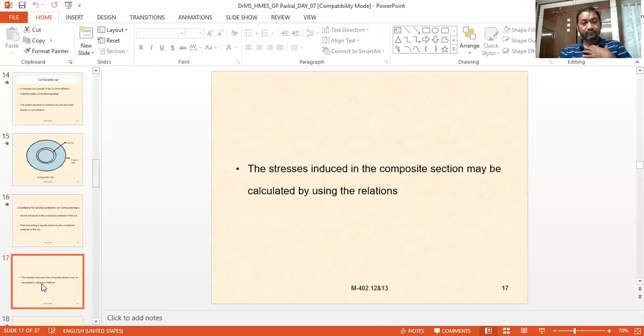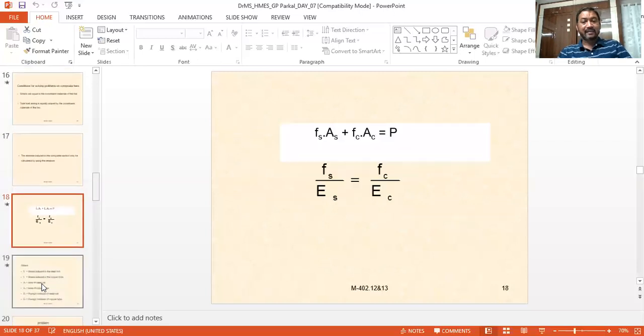Now, the stresses induced in the composite sections can be calculated by using relations like this. What is the first condition? The strain in one material should be equal to the strain in the other material.